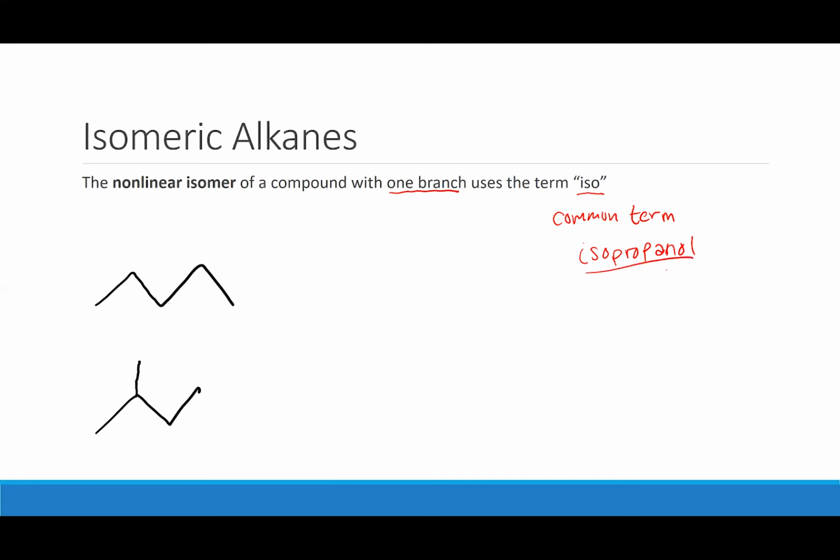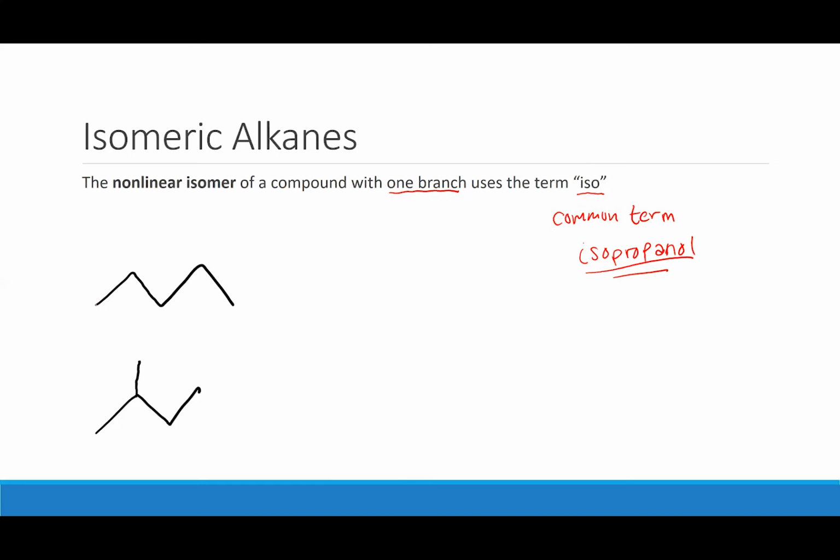It is an isomer form, and it uses that term iso. So again, you'll see this around, and I want you to know what it is referring to. It's the nonlinear isomer of a compound. But again, this is just a common term.